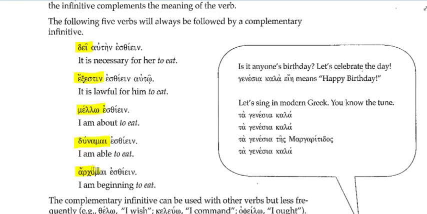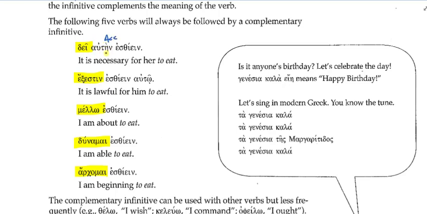And then there's a few others as well, but these are the five big ones that he provides. Dei, from deo, to have to or to be bound to. We'll translate it, this is a present third singular form, to be necessary. Dei autin esthiein. It is necessary that, accusative subject, right? That's it, autin.